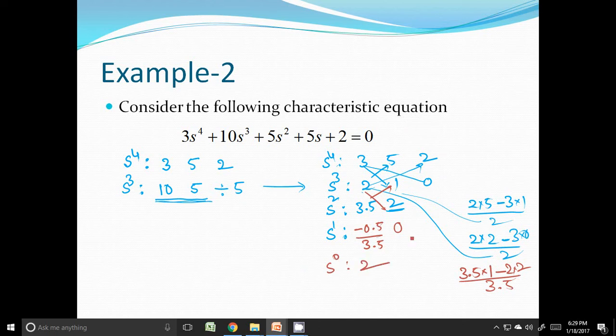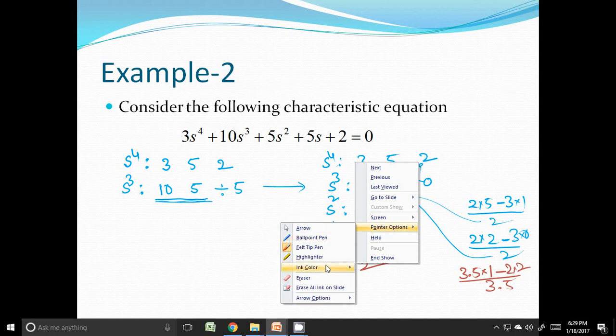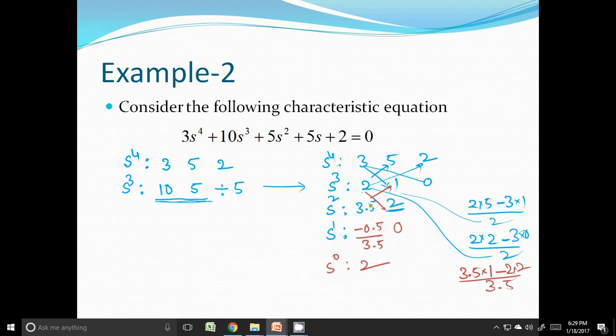Now observe the first column of the Routh Hurwitz array and calculate the number of sign changes. Here it is plus 3, plus 2, plus 3.5, minus 0.5 by 3.5, and plus 2. So there are two sign changes: plus to minus, and minus to plus.